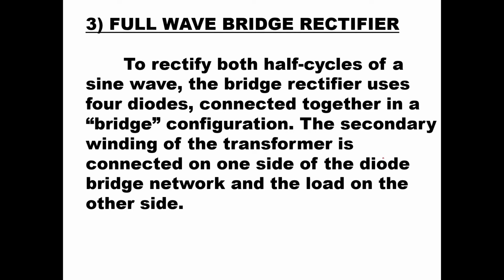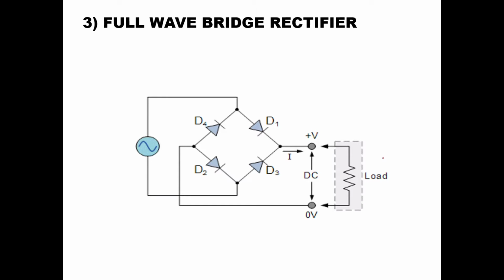If you see the diagram here, the input is applied over here. Here you are going to apply the input AC signal, which will have positive and negative half cycles. So this is plus minus plus minus. This is what you are going to apply here.